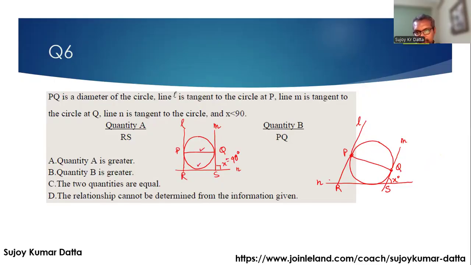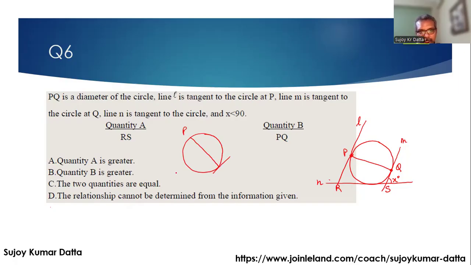Now as we tilt PQ and RS, it looks as if RS has become longer. But if I, let's say, tilt it a bit more, just to see how it works. Say something like this.